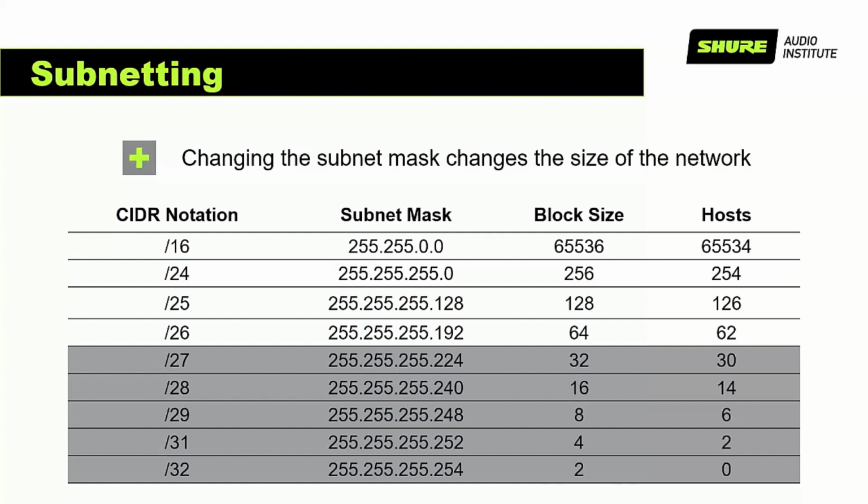And the reason for that is, as I mentioned during one of the previous slides, the first IP address, the 192.168.1.0, identifies the network. So that is not available for any hardware devices. The first IP address would be .1 and so on. The last IP address is reserved for what we call broadcast messages.